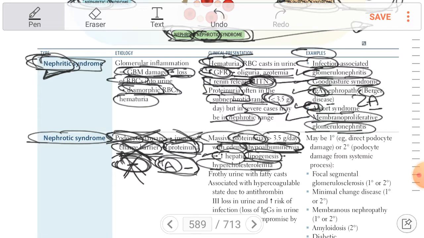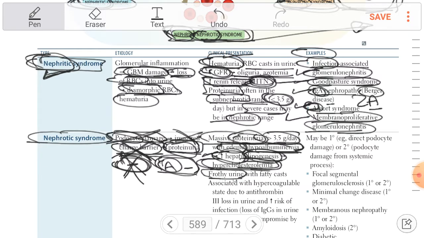During formation of new albumin, the liver will form what? Lipids, lipogenesis, increased hepatic lipogenesis leading to hypercholesterolemia.